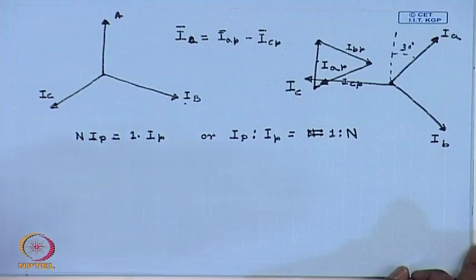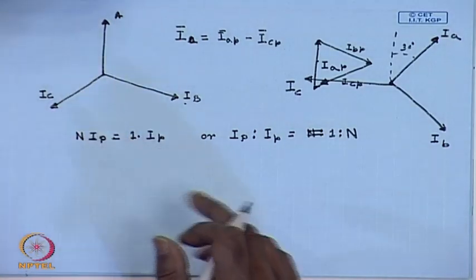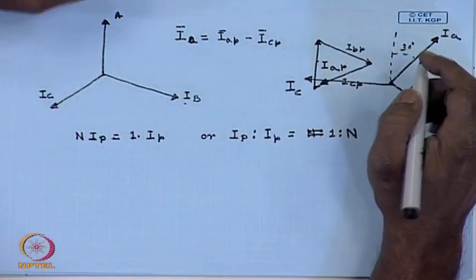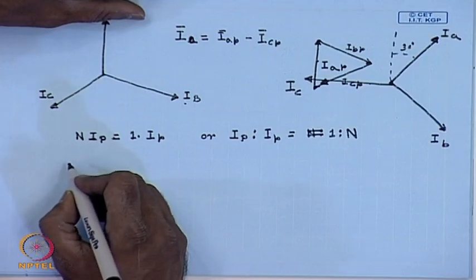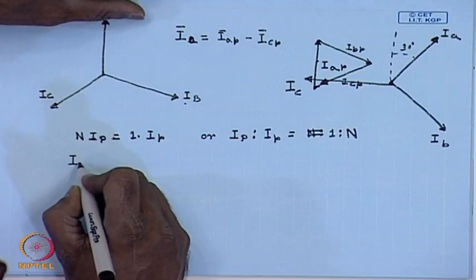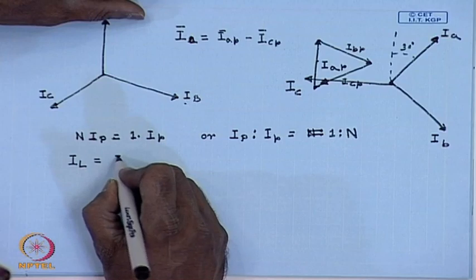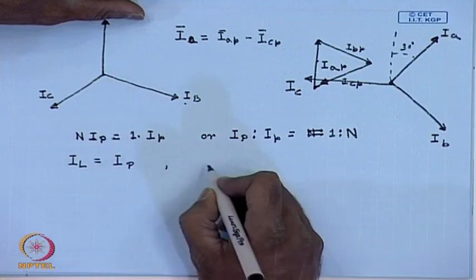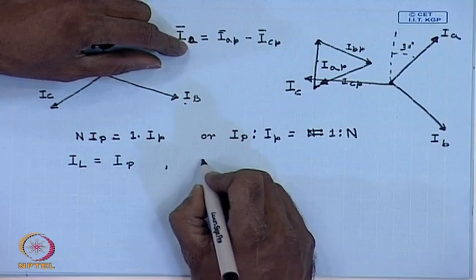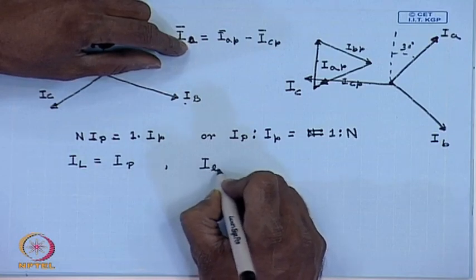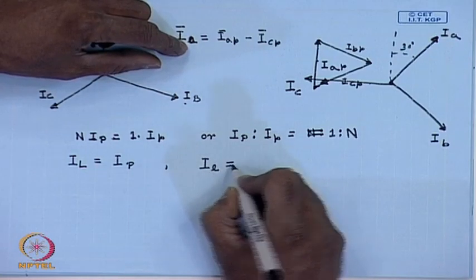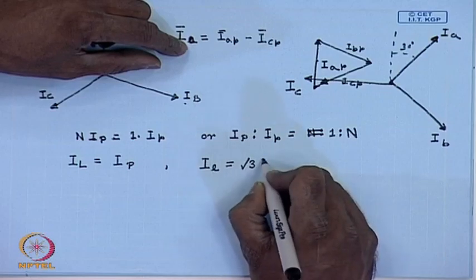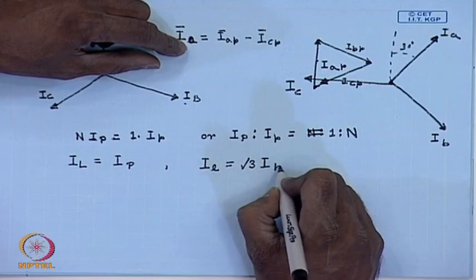Similarly, for star delta connection, we know the line current I capital L is same as I capital P. On the other hand, line current on the delta side I small l equal to root 3 times I small p.